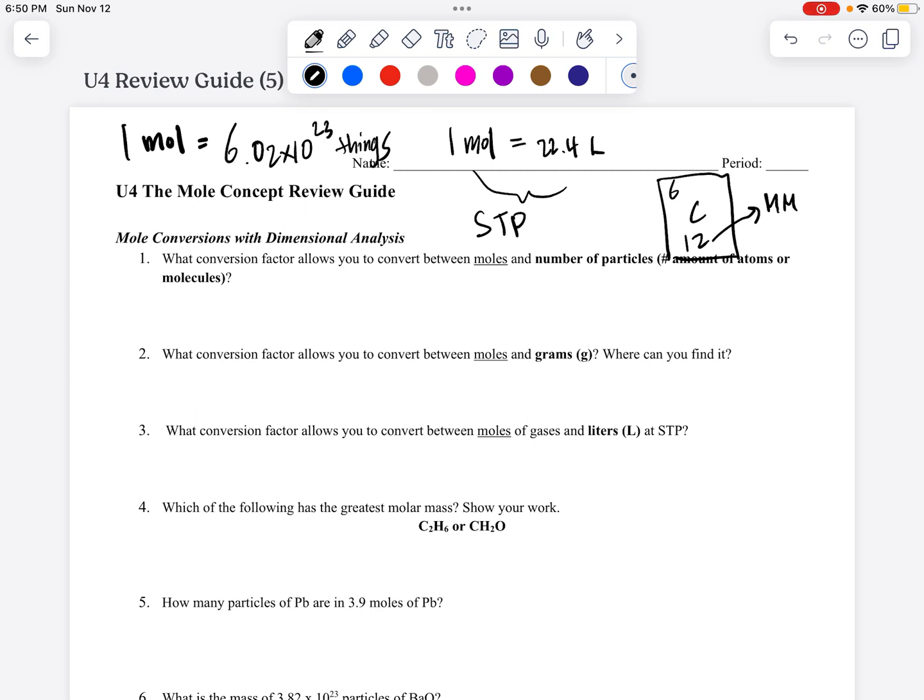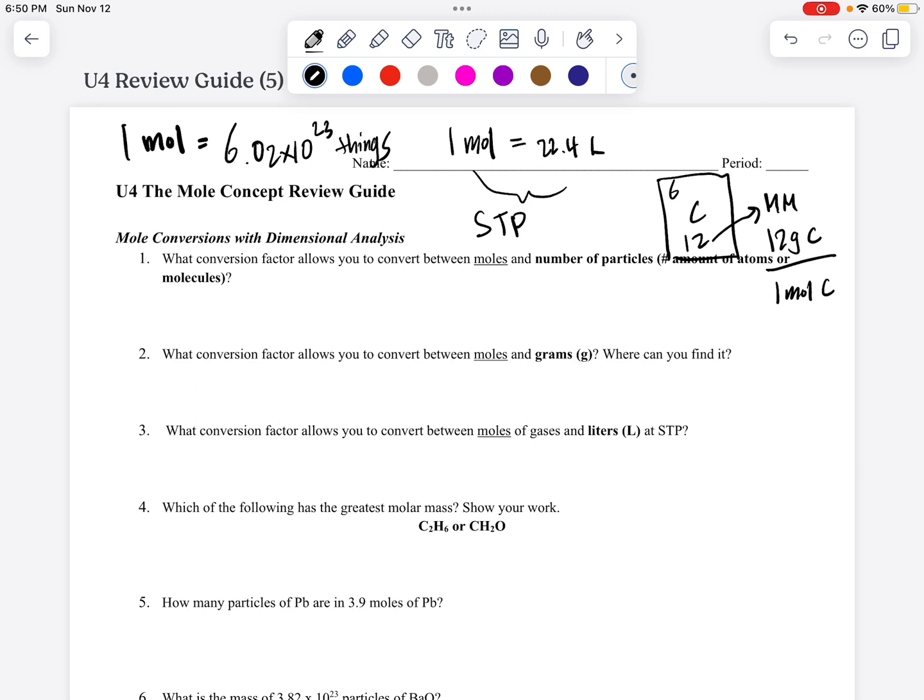So for this case here, if I had 12 grams of carbon, okay, that would give me 1 mole of carbon, okay? And if you look on the periodic table, it will vary, right? Each element has its own particular unique molar mass, okay?